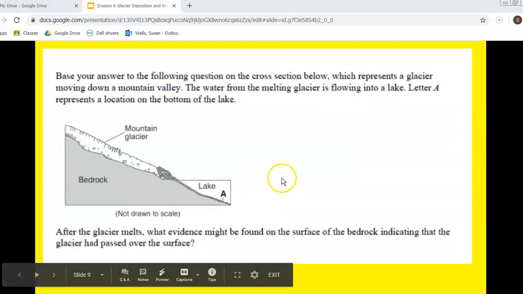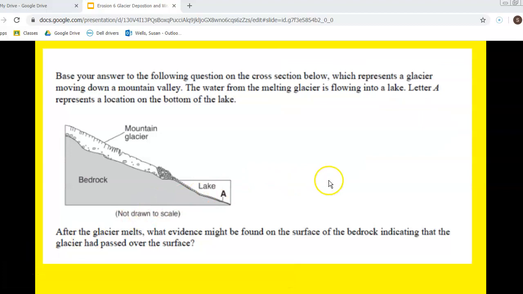This is another typical question about glaciers. They're showing you a mountain glacier, they're showing you here is your plucking and your abrasion, and this is showing you the terminal moraine. And wherever meltwater is, then it will gradually be deposited in the lake.